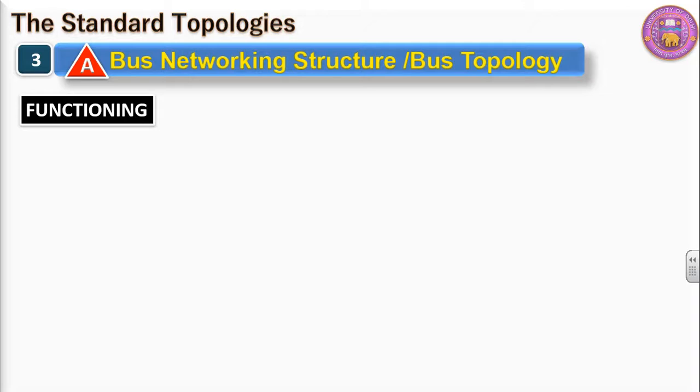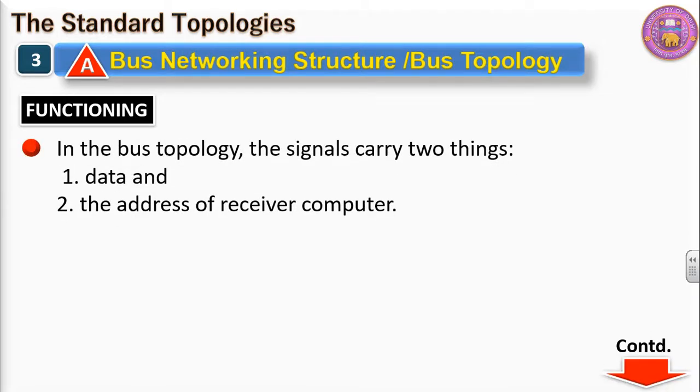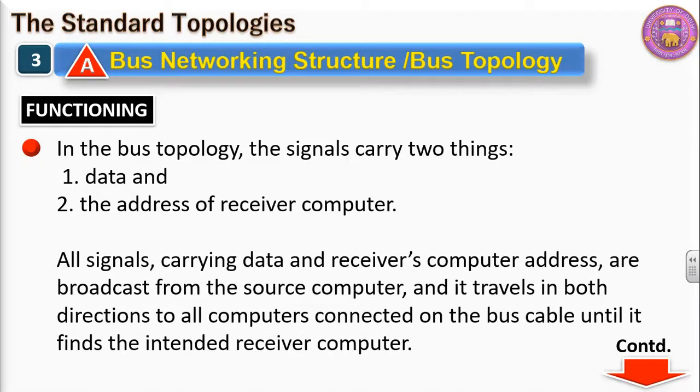The functioning of bus topology. In the bus topology, the signals carry two things. First is data and the second the address of receiver computer. All signals carrying data and receiver computer address are broadcast from the source computer and it travels in both directions to all computers connected on the bus cable until it finds the intended receiver computer.